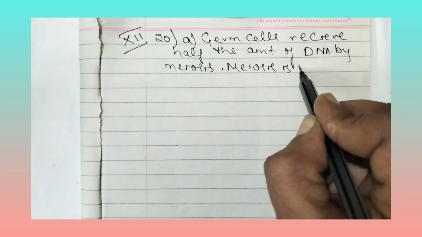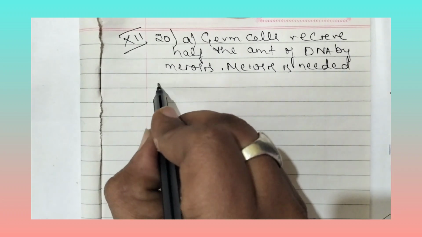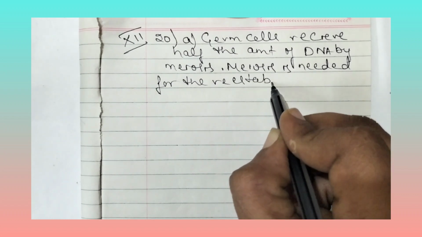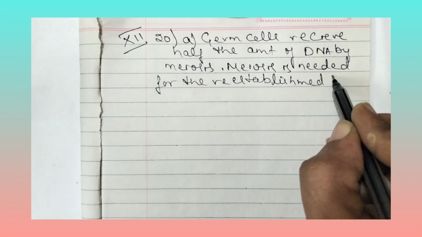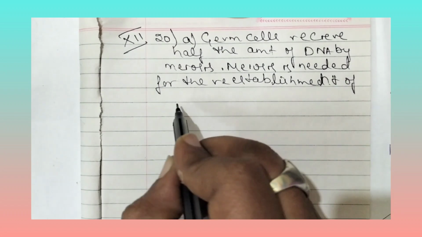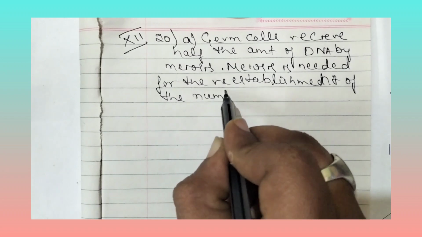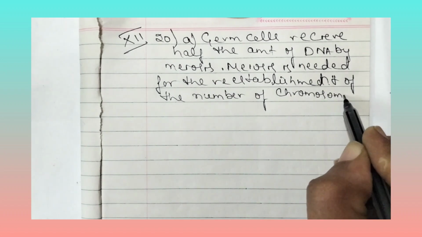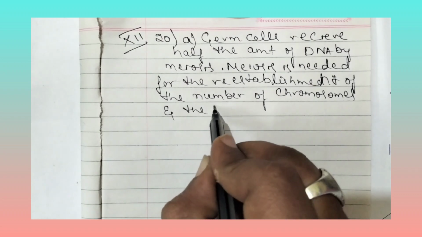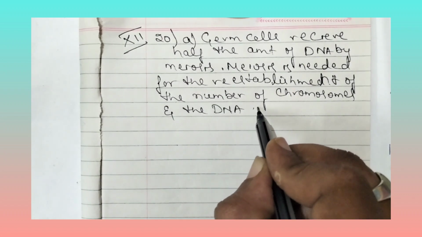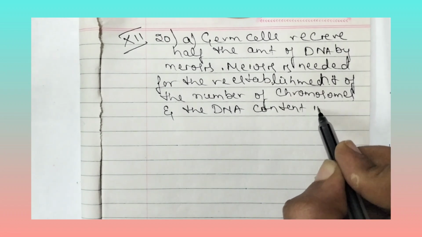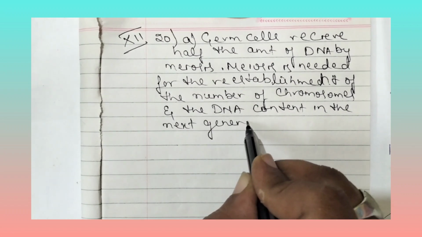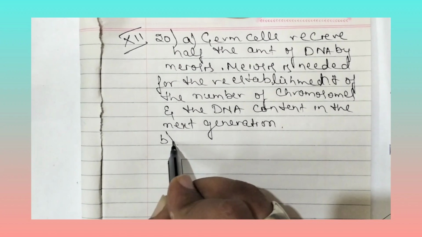Meiosis is needed for the re-establishment of the number of chromosomes and the DNA content in the next generation. So this is the answer for the first question.